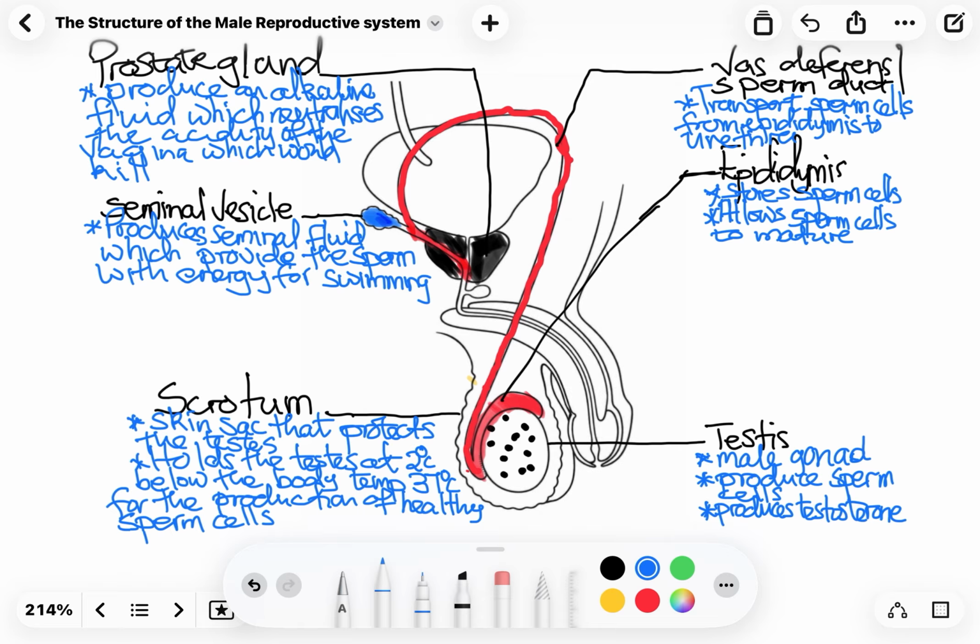We don't want our sperm to be killed. They must survive so that fertilization or successful fertilization takes place in the fallopian tubes.